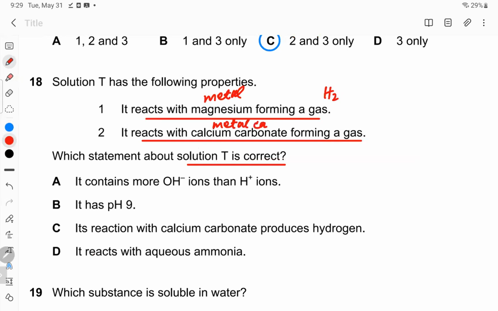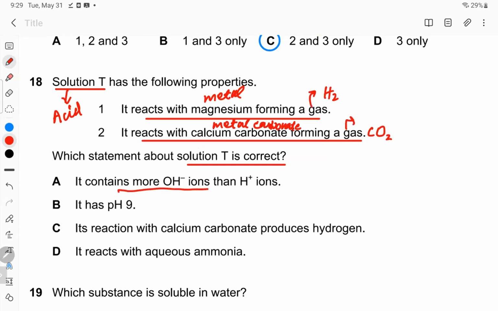If it is reacting with the metal carbonate and forming a gas, this gas must be carbon dioxide, and on the basis of that I can conclude that solution T is an acid. Is this point understandable to everyone? Yes, sir.